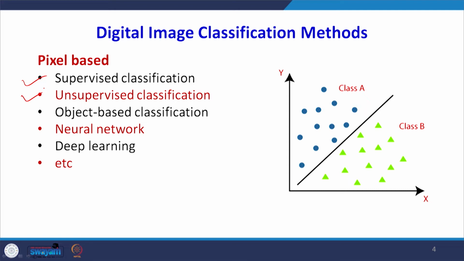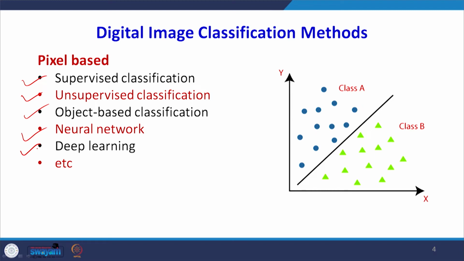Many other techniques are also in the literature, such as object based classification, artificial neural networks, or deep learning techniques, which are coming very fast now as far as image processing work is concerned. There is a very large number of techniques available in the literature nowadays, but in this lecture we will confine ourselves to the supervised classification technique, and unsupervised classification will be covered in the next lecture.